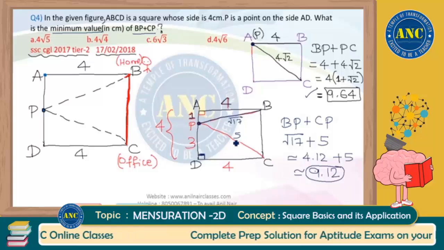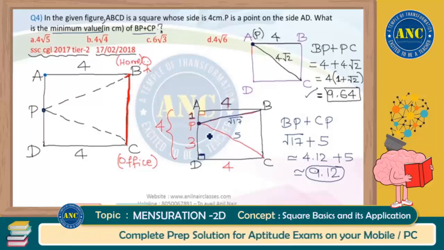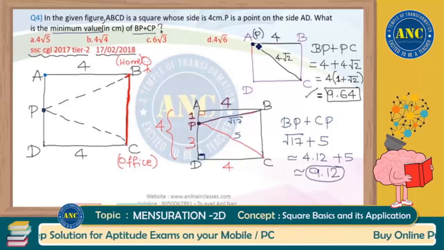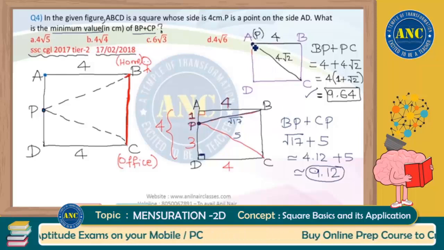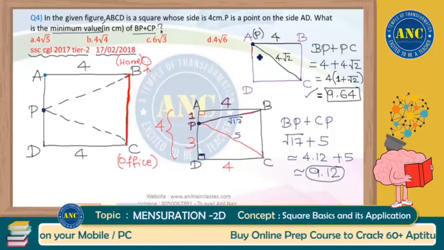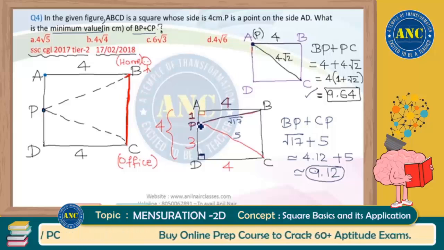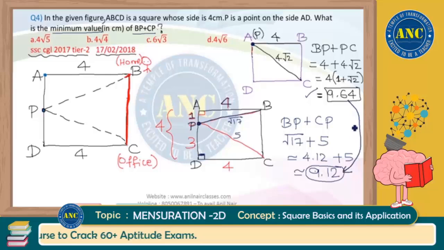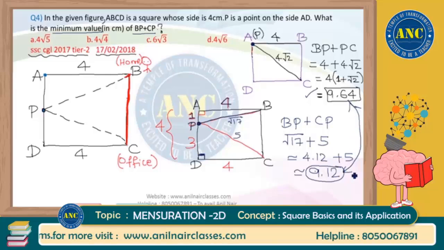That means this point P should keep coming down. Earlier it was exactly at point A. Now it is at this point where AP is 1 unit, PD is 3 units, and the value also reduced. 9.64 was the earlier value, now it is 9.12. It has become a little minimum, but they want the most minimum value possible.